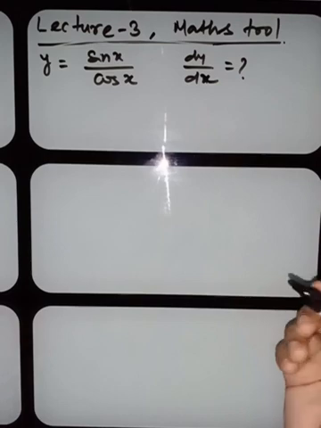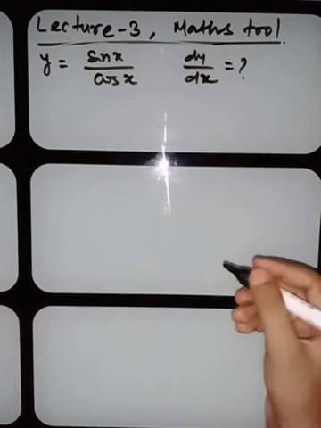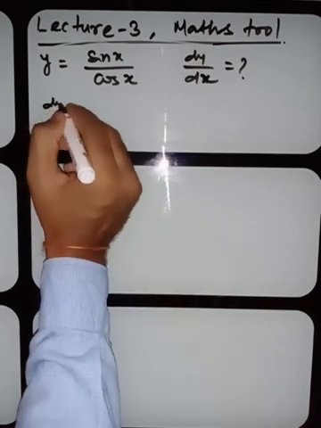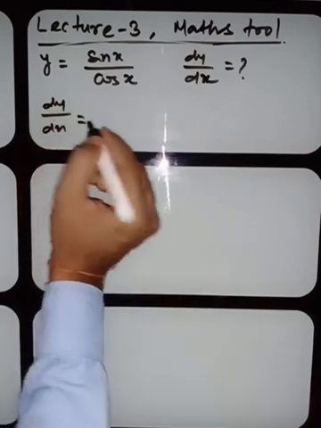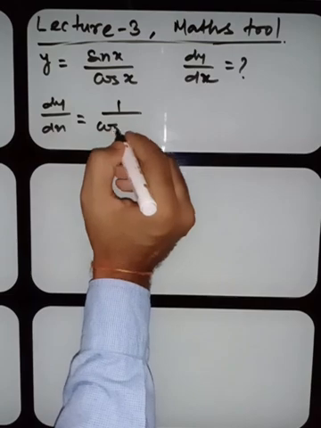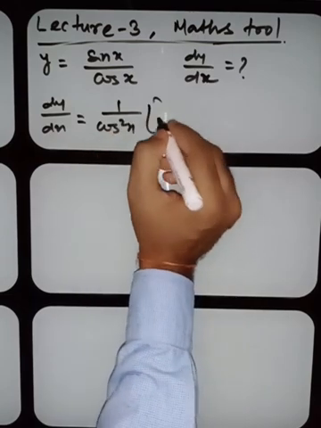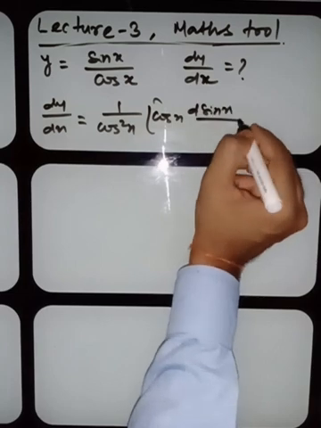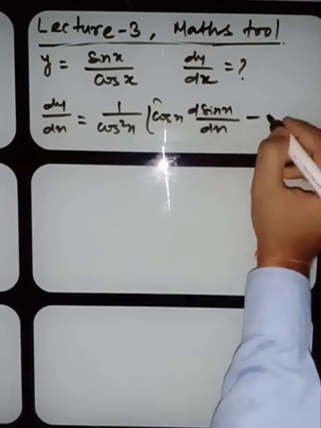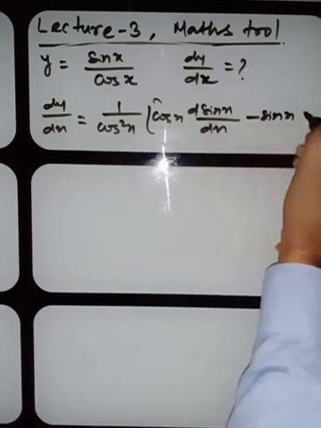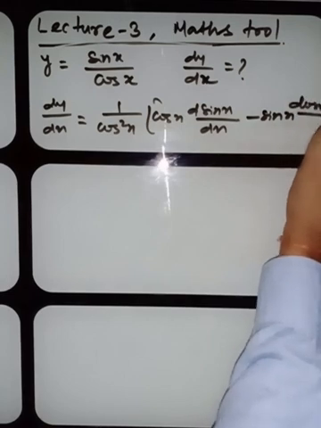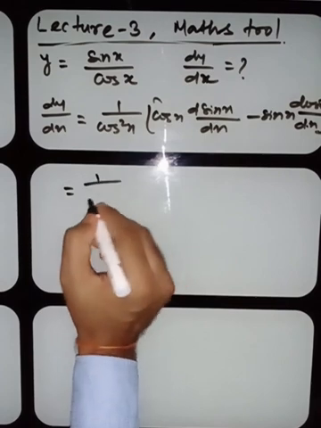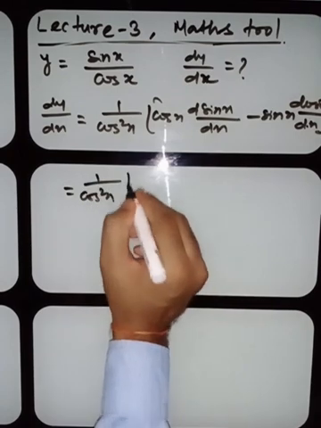Okay, do the definition. Let me write here. dy by dx, it is 1 by cos square x. All right. Now cos x d sine x by dx minus sine x d cos x by dx. 1 by cos square x.